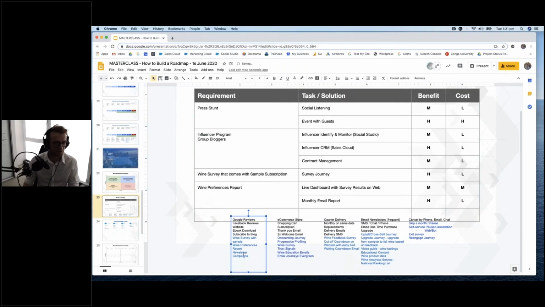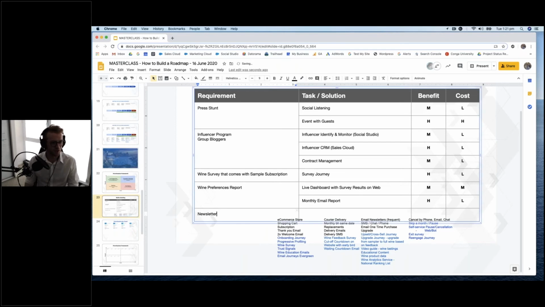Wine report, newsletter campaigns. Okay, so newsletter. I think the requirement is probably to drive conversions from email. And here you'd have a couple of things. You'd have a monthly newsletter, and that is a medium benefit, low cost.